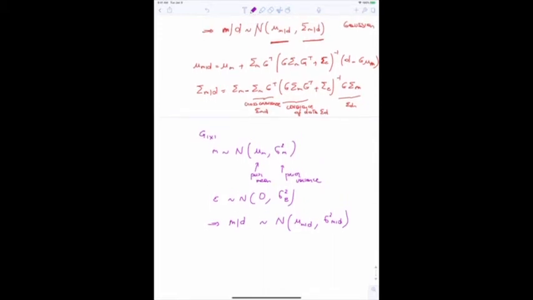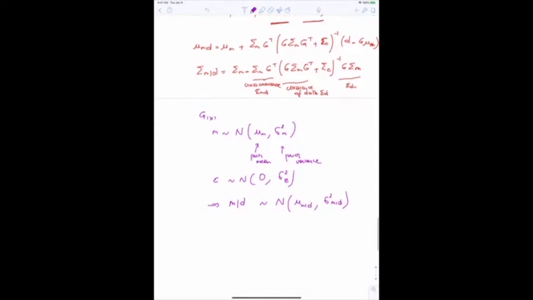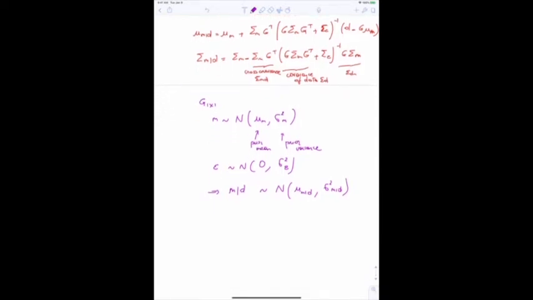Now we just have to rewrite these two equations here for the univariate case. This is pretty straightforward. Mu of m given d is equal to mu of m plus, now the matrix G is just a coefficient, so let's call this coefficient A. So this is A times sigma m square, and then the inverse of a scalar is 1 divided by the scalar itself.